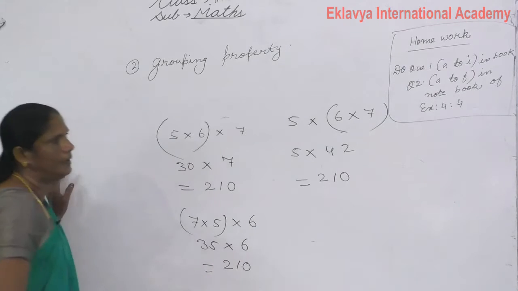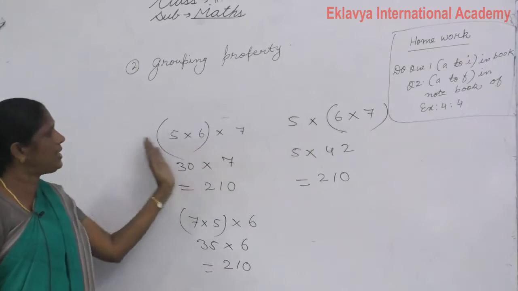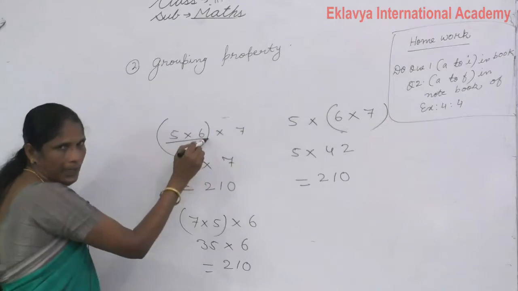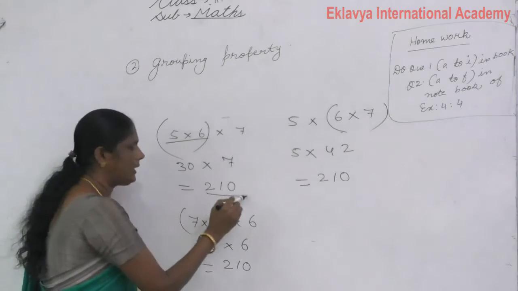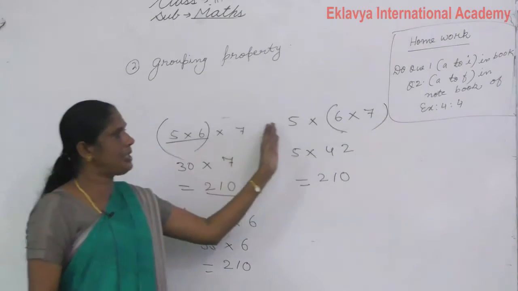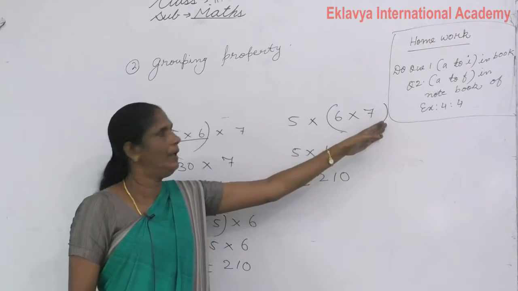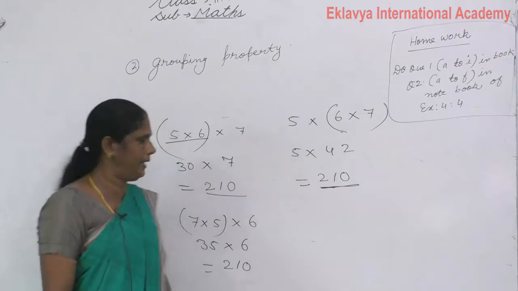210. Look here, I change in 3 groups. First I group 5 multiply 6, and the final answer is 210. Then I change the group to 6 multiply 7, and the final answer is 210.